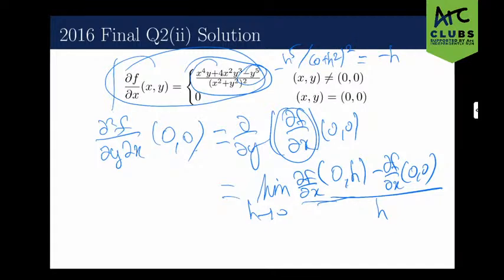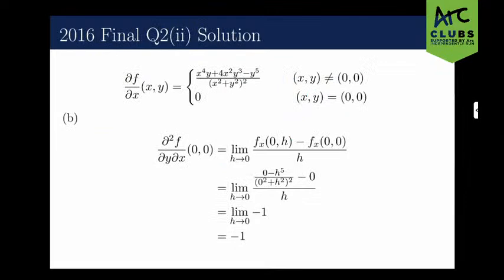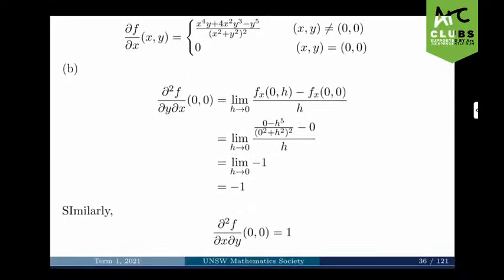Oh yeah, and I need to divide by h. So I have this whole thing divided by h, that will give me negative 1. So if I evaluate that limit, I will get negative 1. And I do exactly the same thing for the other case, and you will get a limit of 1.